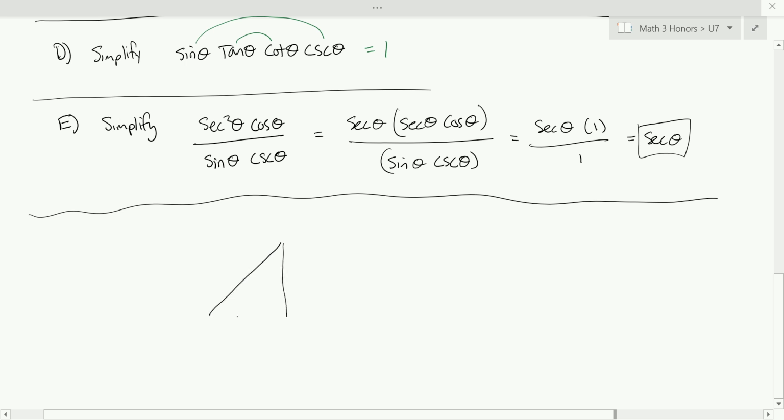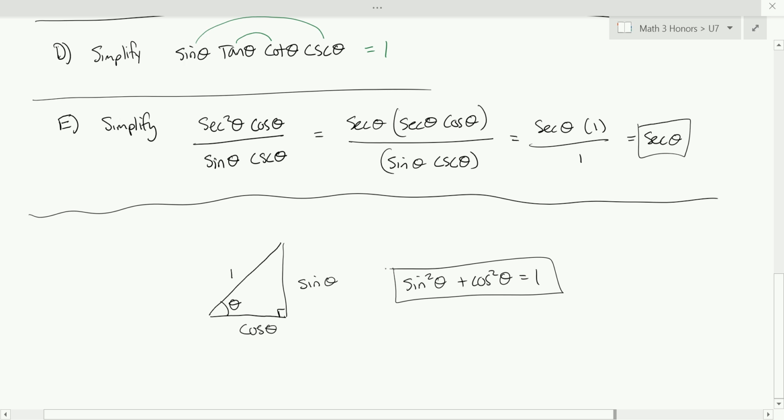We know that if we have a right triangle with a hypotenuse of 1 and some angle theta, the side opposite theta is sine, and this would be the cosine. And if we use Pythagorean theorem here, we get the most famous Pythagorean identity, that sine squared plus cosine squared is equal to 1. And you have that in your cheat sheet, right?